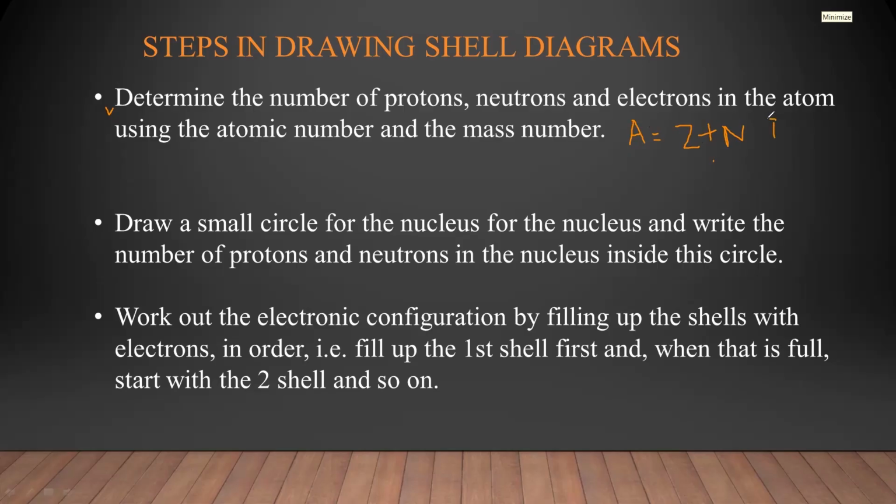We're going to determine the protons, neutrons, and electrons using the formula, as I said before. Once you know the amount of protons, the atomic number tells the amount of protons as well as electrons in the structure of the atom, which is going to result in the overall charge being 0.